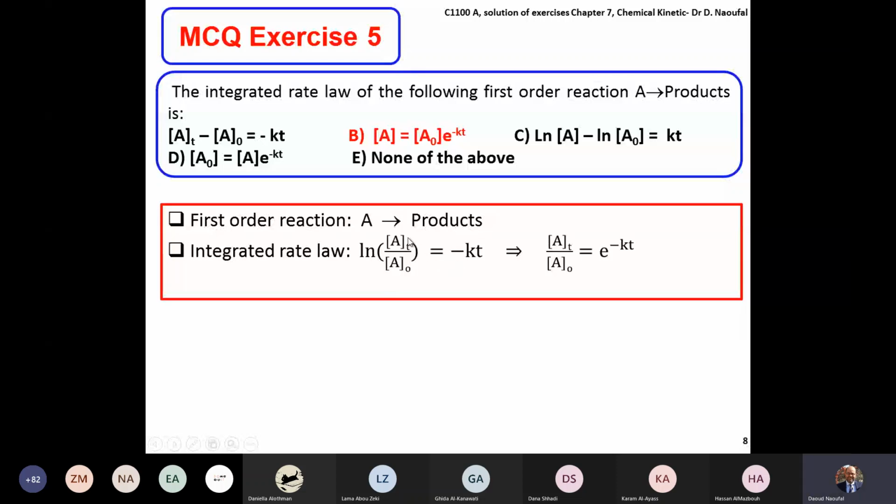So At divided by A0 equal e to the minus kt, and therefore the concentration of A at time t equals the initial concentration of A times e to the minus kt. So the correct answer is B.